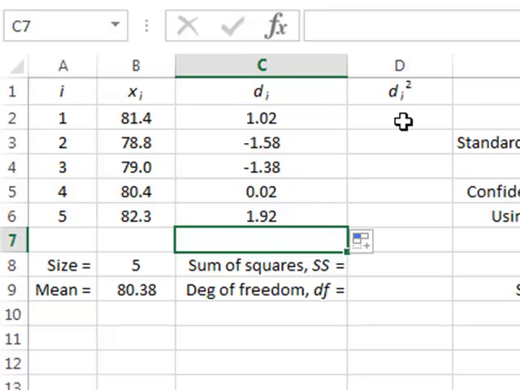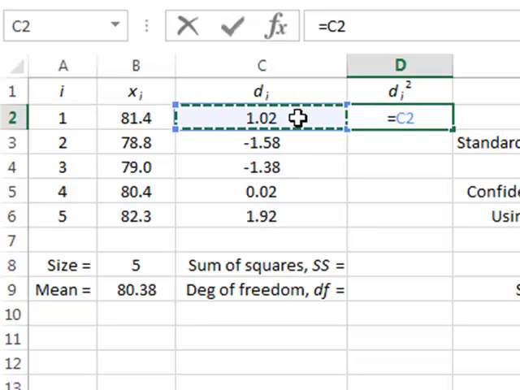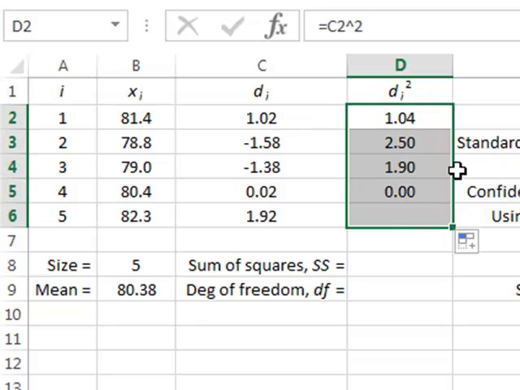So the way forward is to square each deviation, and that will certainly get rid of the negative values. So starting with the first one, that will equal the first deviation squared, which is in Excel up arrow to the power of 2. And we can now just copy this down to get the squared values for all the other deviations.